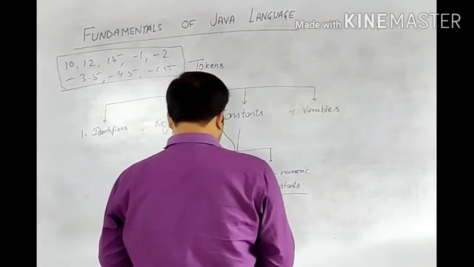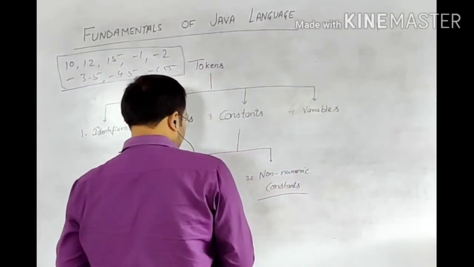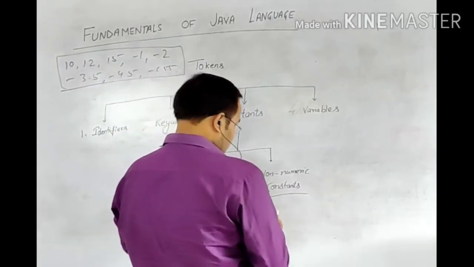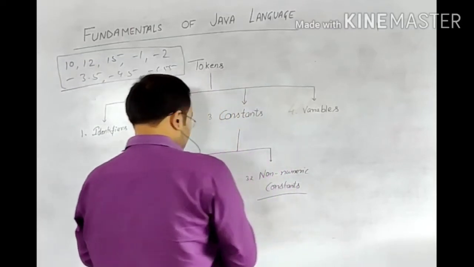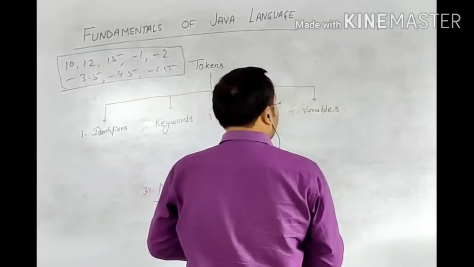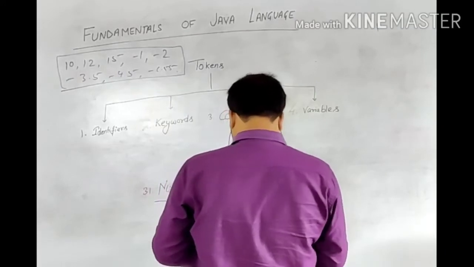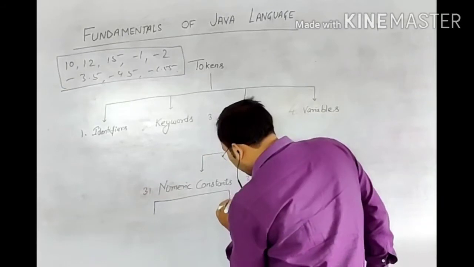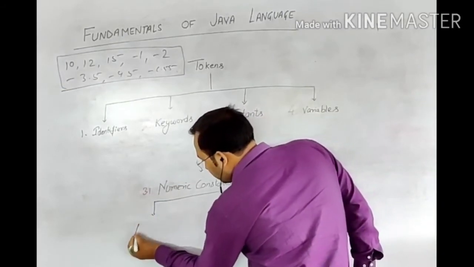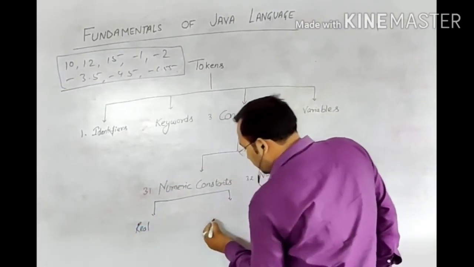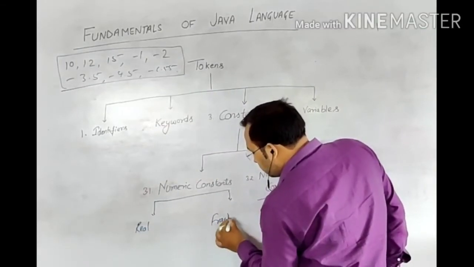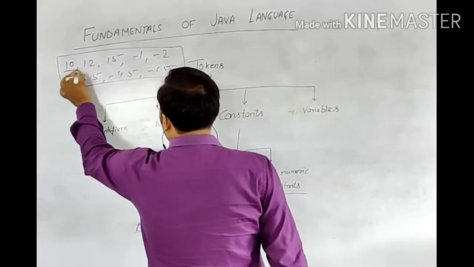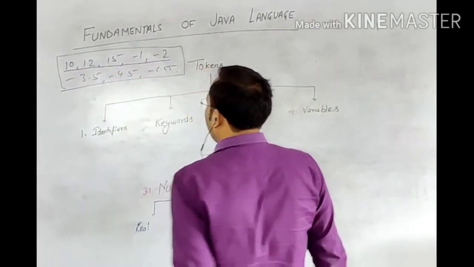Okay. Now numeric constant is of two types, which you are going to read in the senior classes. The first one is real and the second one is fractional. If you want to note, you can note it also. In the real one, only integers can be taken.